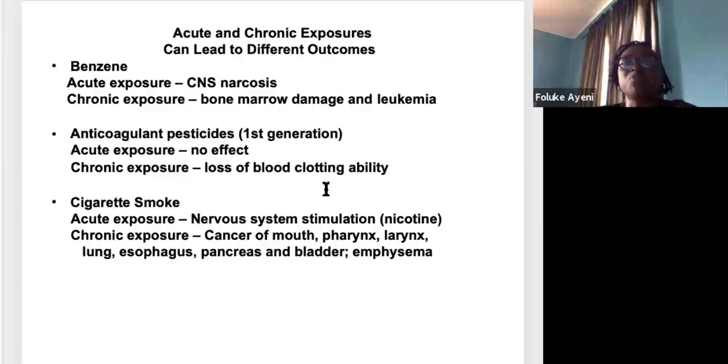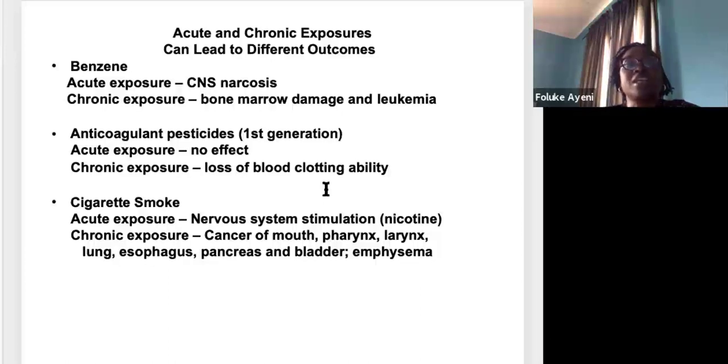These are some examples of chemicals that could lead to adverse effects when exposure is either acute or chronic. The first one is benzene. Acute exposure to benzene usually results in CNS narcosis, the central nervous system narcosis.